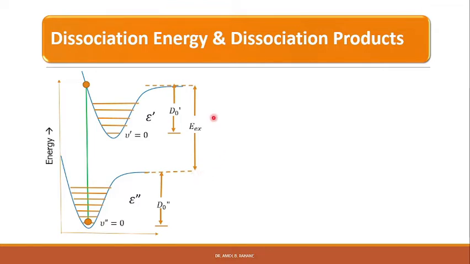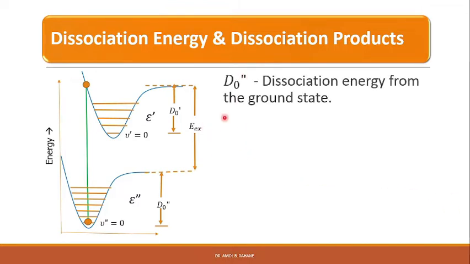So this energy is the excitation energy. This energy is the excitation energy of one, or rarely both, of the atoms produced on dissociation. We will see that this energy is the energy of one of the atoms only, but very rarely it can be equal to the energy of both the atoms produced on the dissociation.